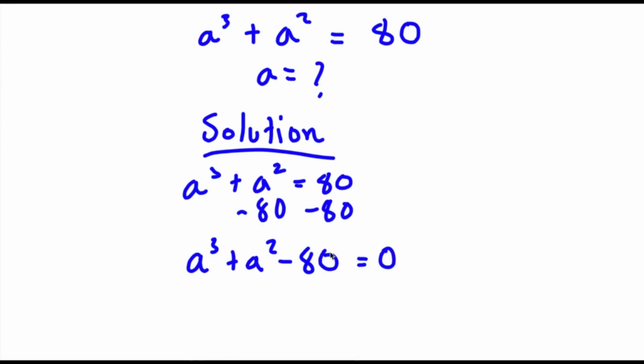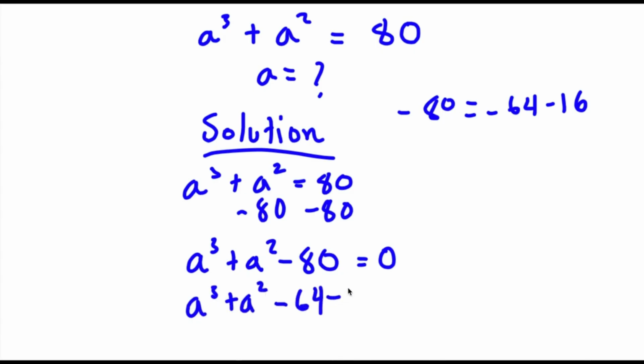Now 80, this is the same thing as negative 64 minus 16. So I'm going to rewrite this as a to the power of 3 plus a squared minus 64 minus 16 is equal to 0.